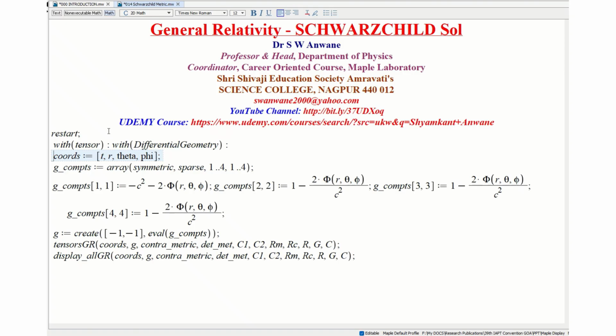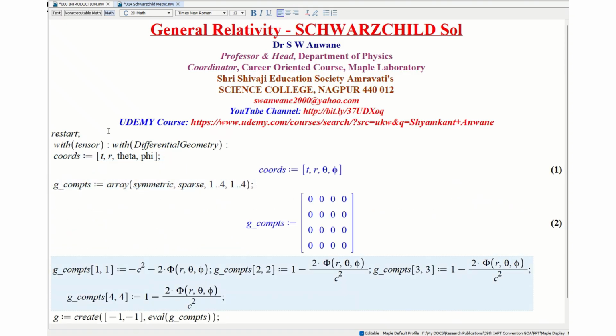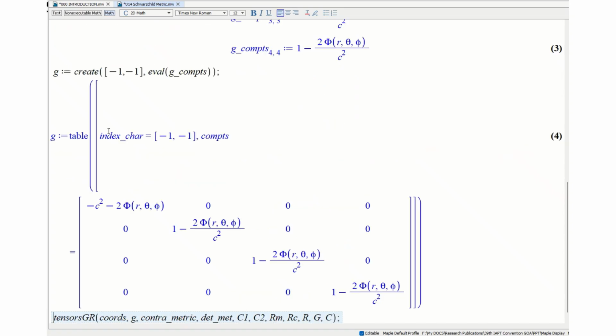We are choosing coordinates t, r, theta, phi, and the symmetric sparse array we can generate using a 4 by 4 matrix that has components 1 1, 2 2, 3 3, 4 4 only non-zero, and it will look like this.